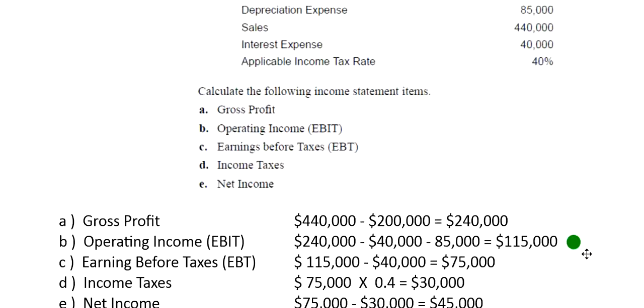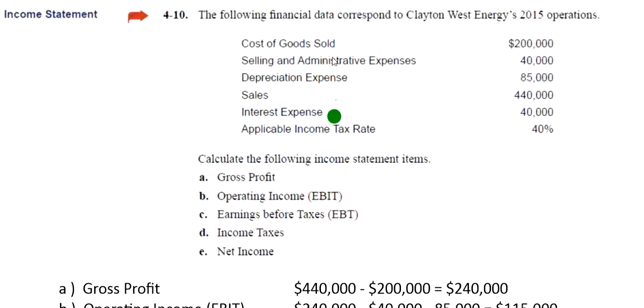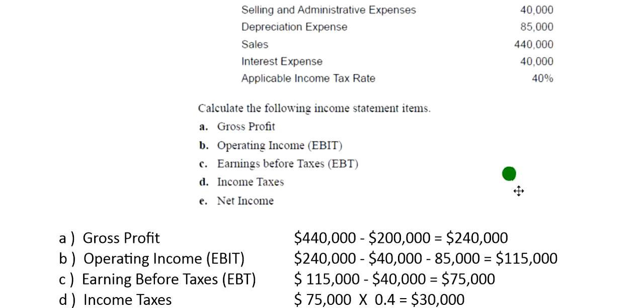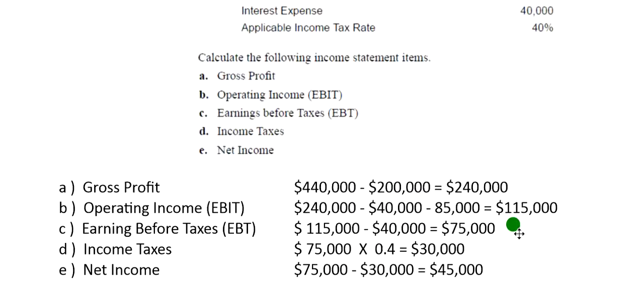Then we need to get our earnings just before taxes. In order to do that, we need to subtract out our interest expense right here, which we find up in our financial data is 40,000. So we subtract that from our operating income, and we get earnings before taxes of 75,000.